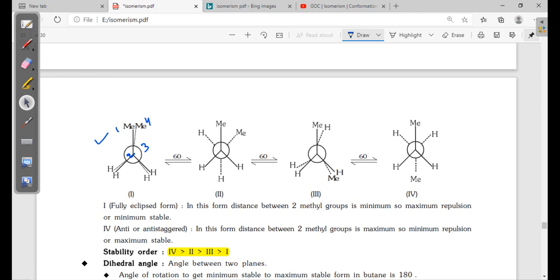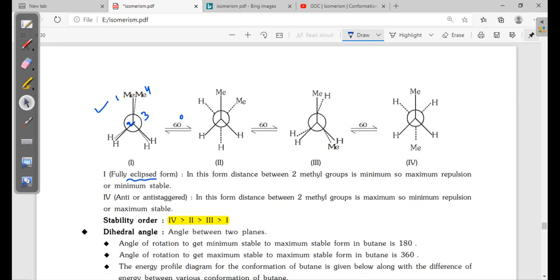Now the bulky groups exactly behind each other is fully eclipsed. At 60 degrees, we call this staggered, but here two types of staggered are there. Another name for this is gauche.